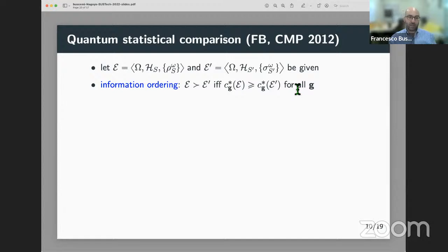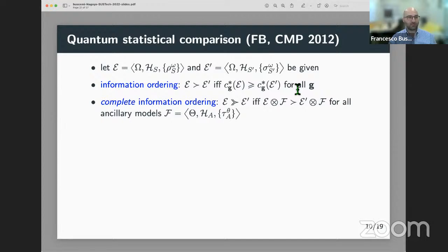But as you can imagine, if you have a little bit of intuition in quantum theory, typically you always need some kind of completeness sort of a notion in order to do things right, so to say, or satisfactorily. And indeed also here we need the notion of complete information ordering that we denote with this double majorization symbol here.